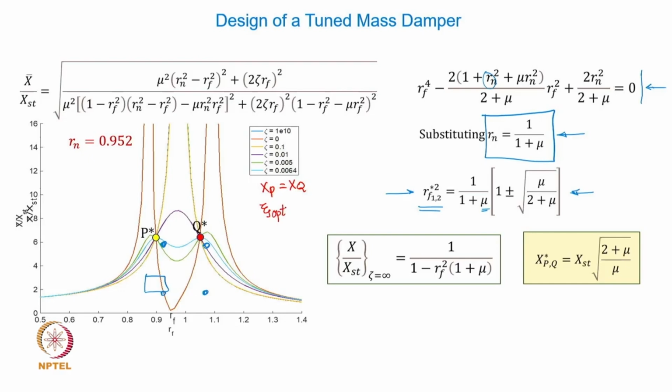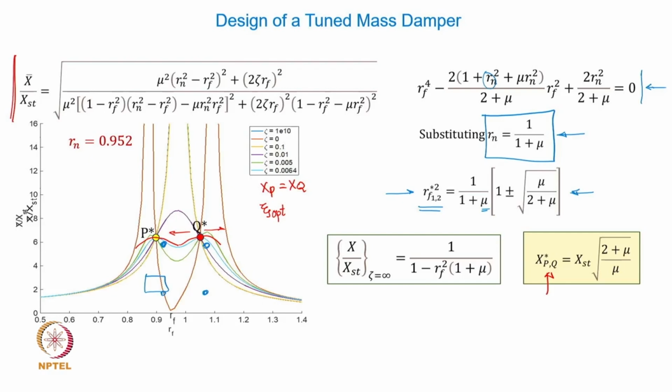Now if you somehow choose the damping ratio so that these graphs pass through these 2 points with zero slope, then neither on this side nor on this side the graphs would exceed the value of xp star and xq star, that is this particular value. And that you can do by first differentiating this expression with respect to rf.